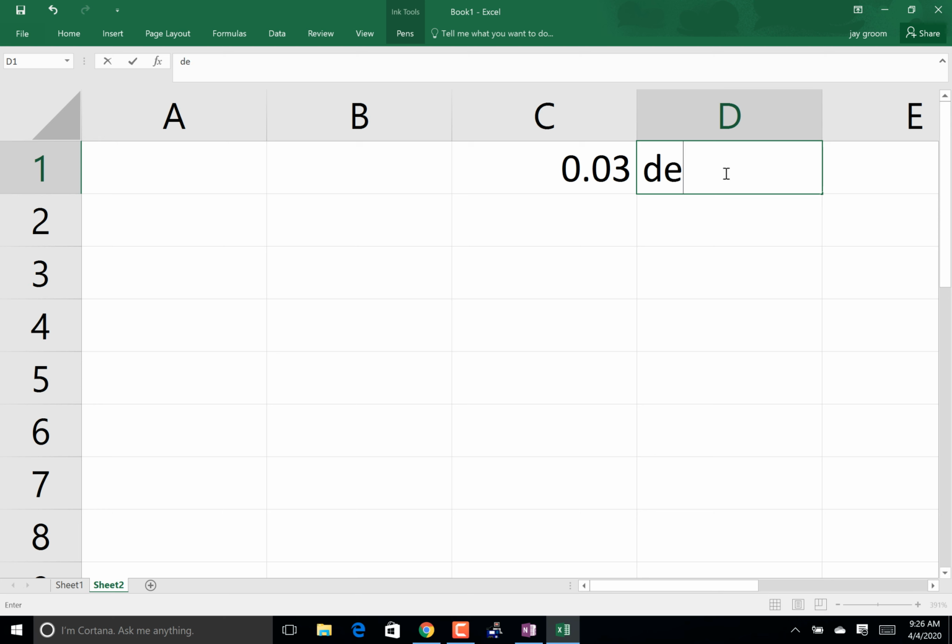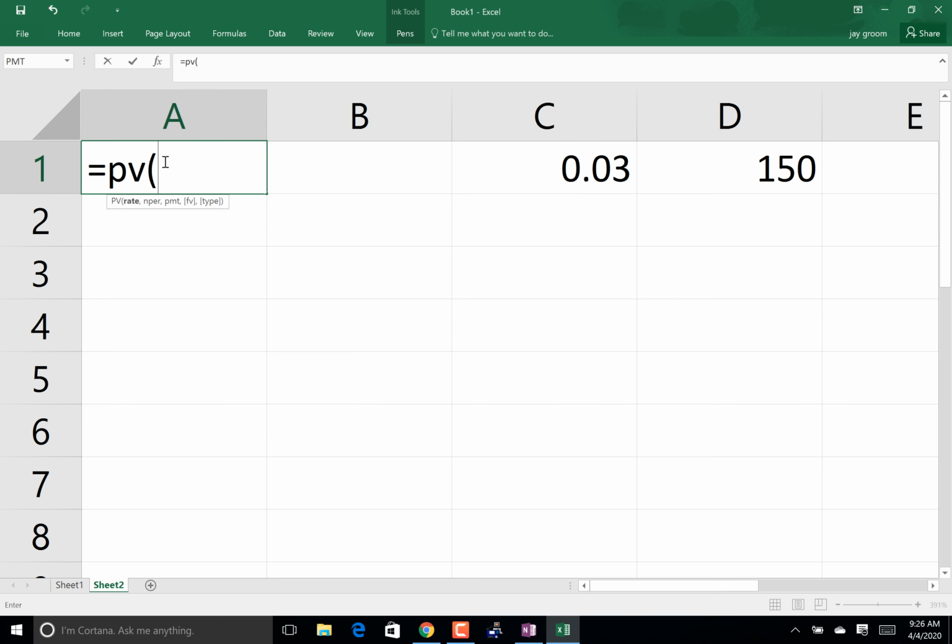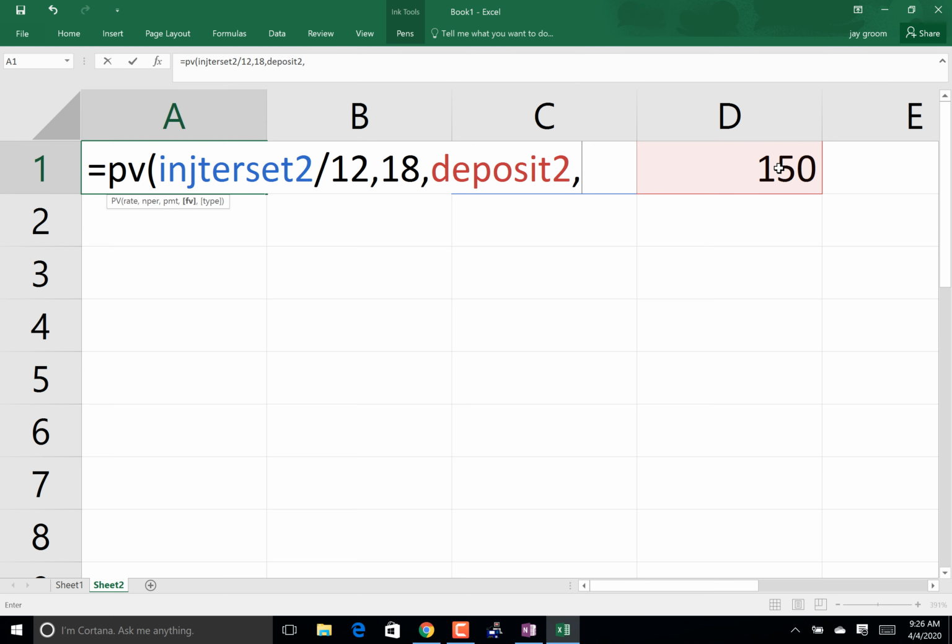And deposit. Nope, you don't type it there, dummy. Equals PV. So the rate is this guy divided by 12, comma, and I wanted to get this done in 18 months, comma, payment is this guy, future value negative 5,000 is what I was looking for, I think.